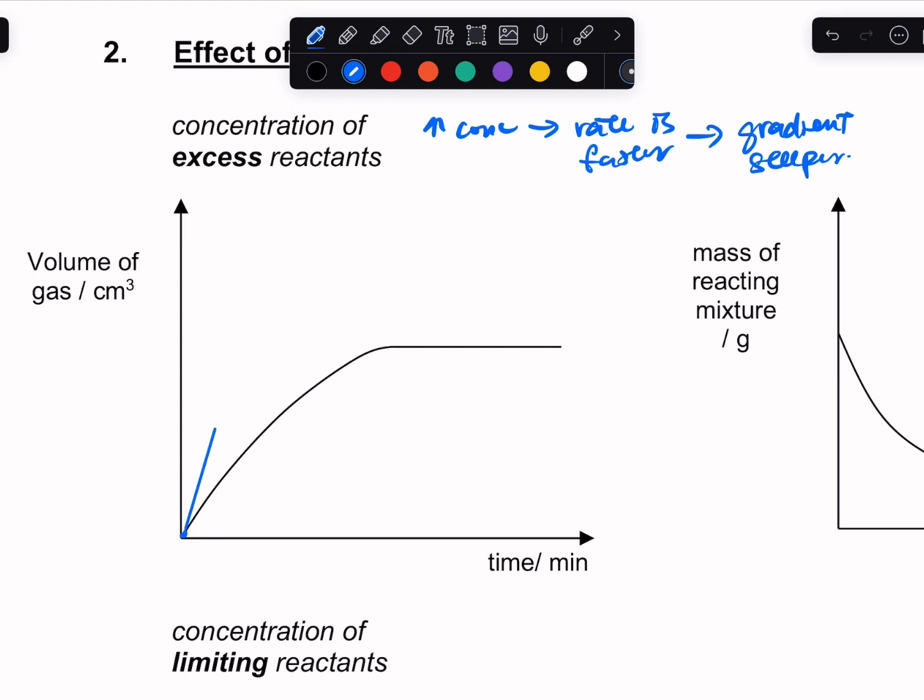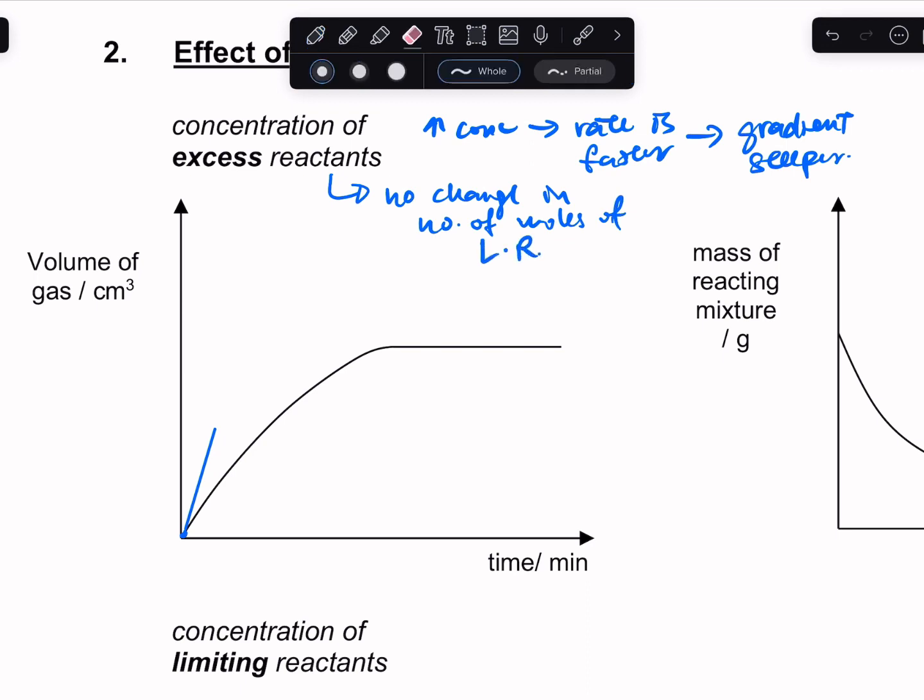Now how do I end though? If I increase the number of moles of excess reactant, there's no change in number of moles of limiting reactant. It's not what limits me from making more product.